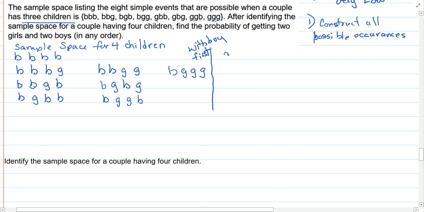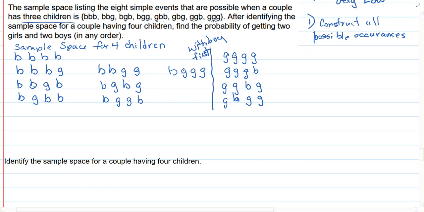So I can have girl, girl. Then I can have 1 boy. Girl, girl, girl, boy. Now I'm going to move the boy around. Girl, girl, boy, girl. Girl, girl, boy, sorry, girl. So now that's with 1 boy in a mix with 3 girls.